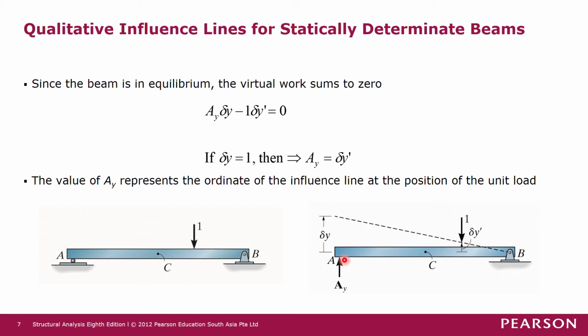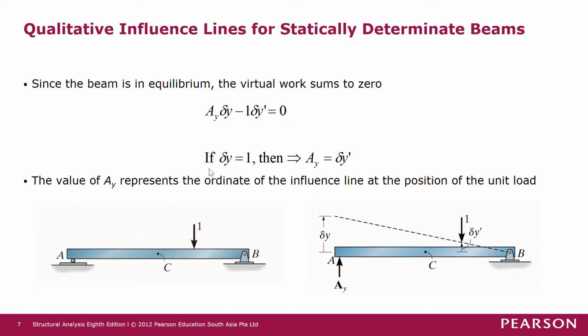So this AY does positive work, but this 1 unit force does negative work. The sum of all the work done by the forces in this system that is in equilibrium has to be equal to 0.